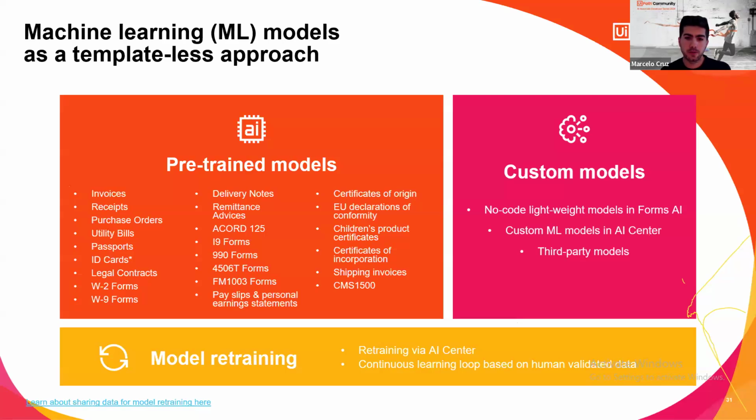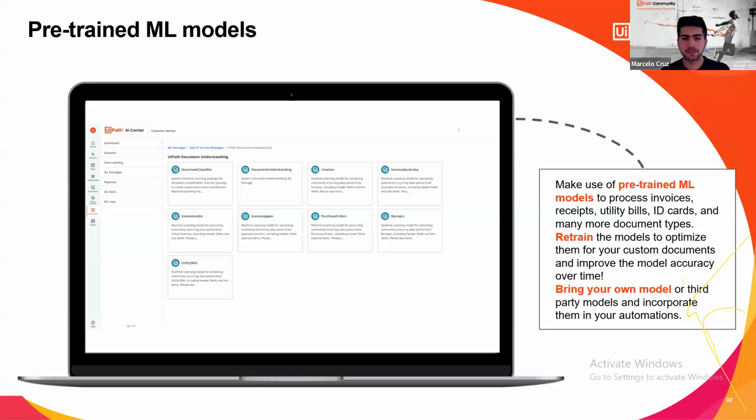Also very important to mention, we can retrain these models from AI Center, using data that was validated by users on previous extractions, and use this data to feed the model and improve it over time. The other way is using Document Manager, which is also available on Automation Cloud, that allows us to train and retrain existing machine learning models.